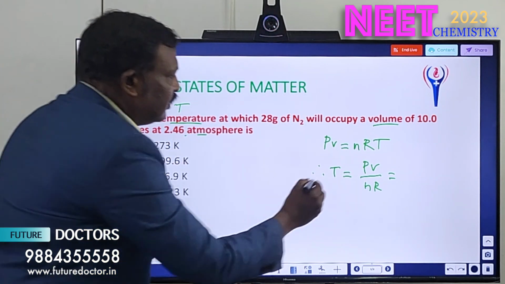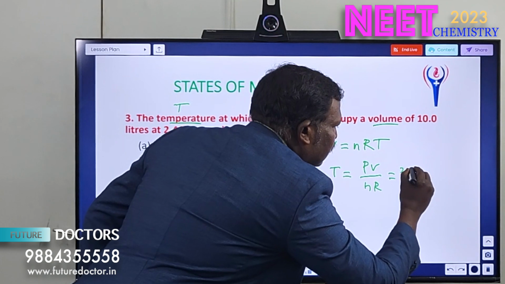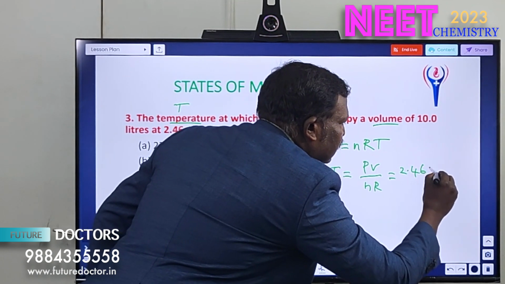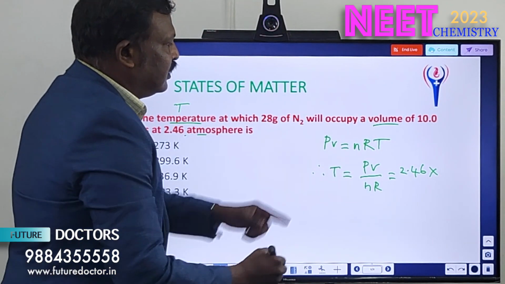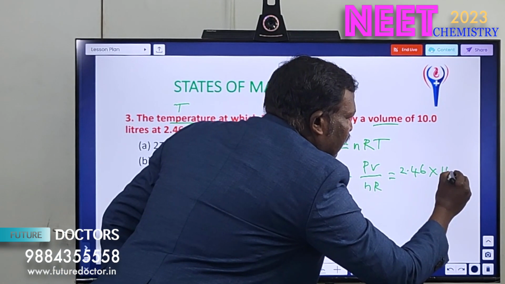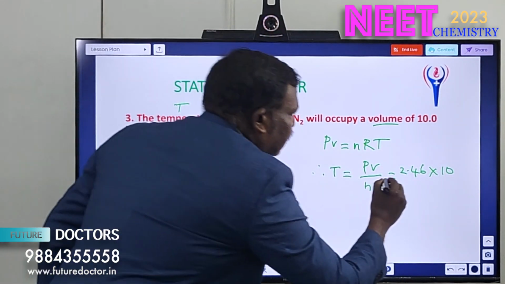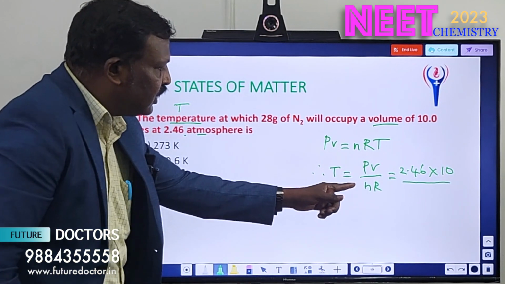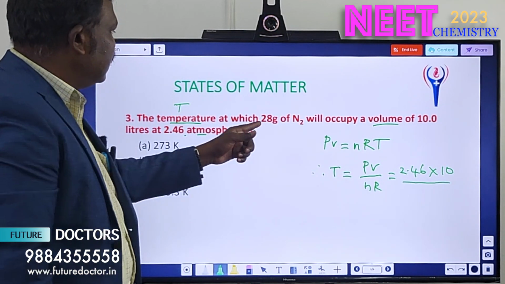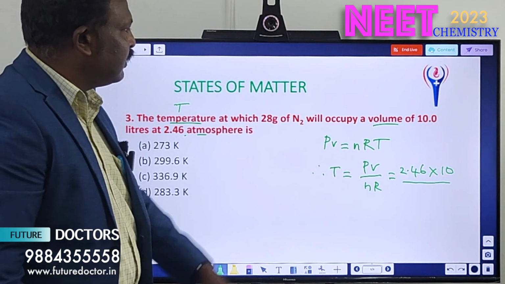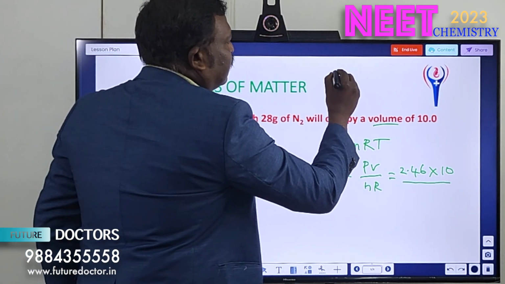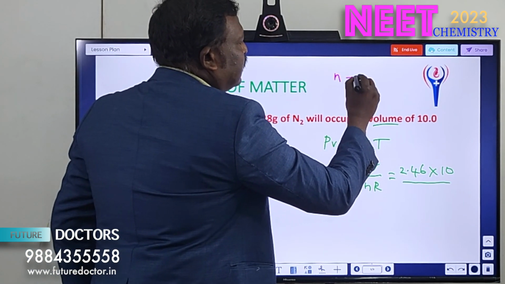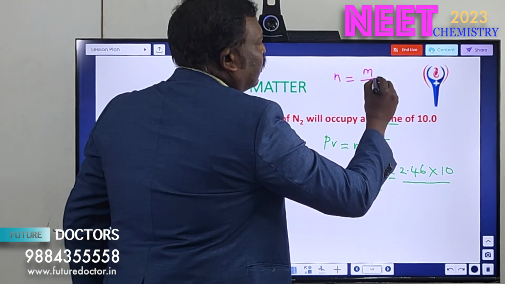Pressure 2.46 into volume is what? 10. By n, the number of moles. Number of moles means here gram is given. What's the formula for number of moles? Number of moles is equal to mass by molar mass.